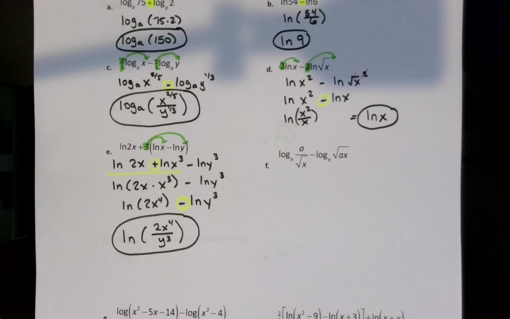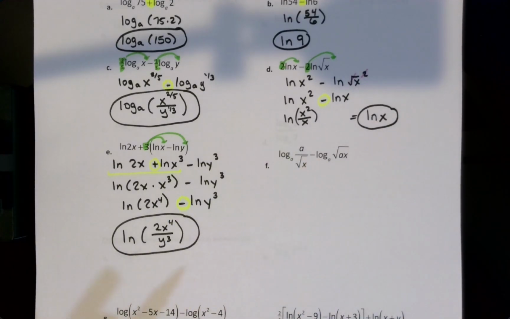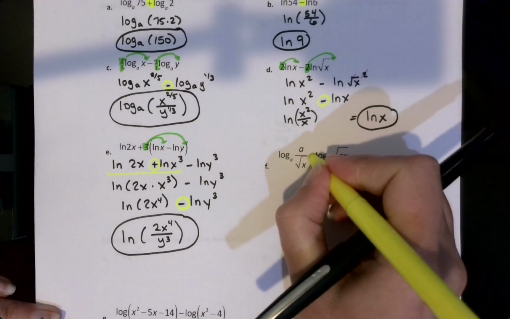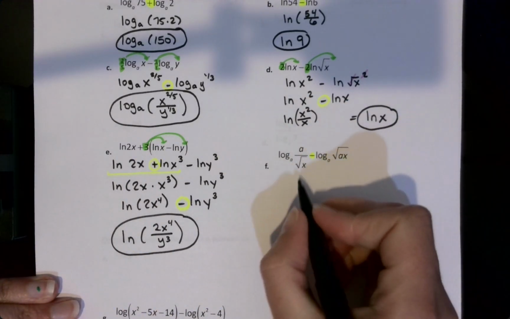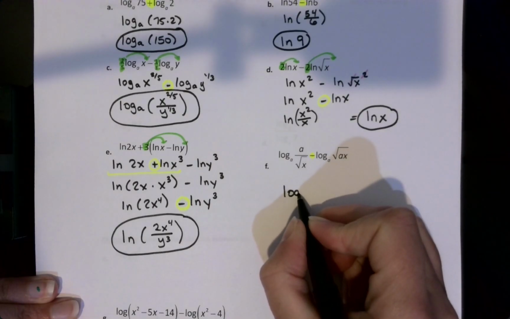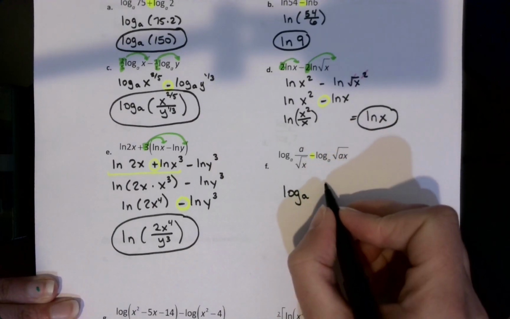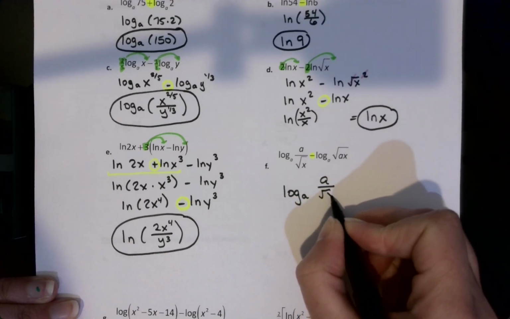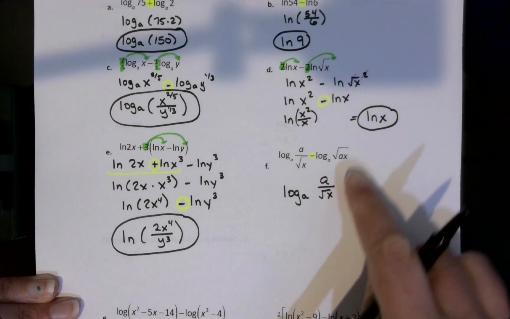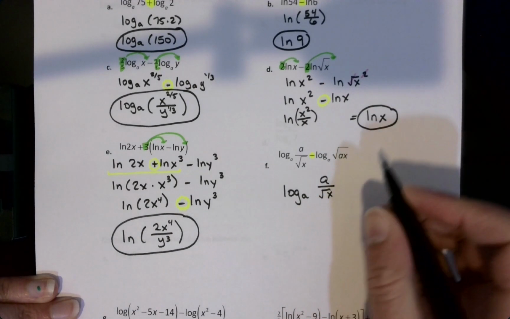Now in part F, I do have a subtraction to work with. So let's go ahead and deal with that piece and then we'll simplify. So our subtraction here is going to condense into a quotient. So I have log base A of A over the square root of x, and I need to divide that by the square root of A over x.